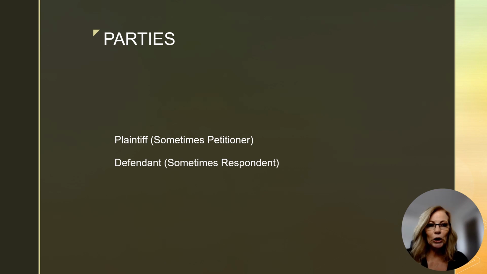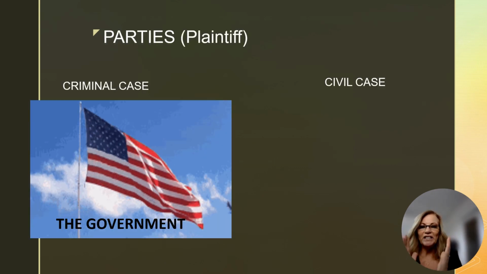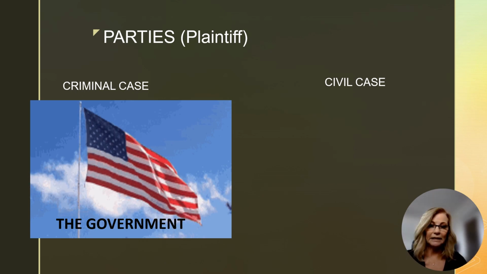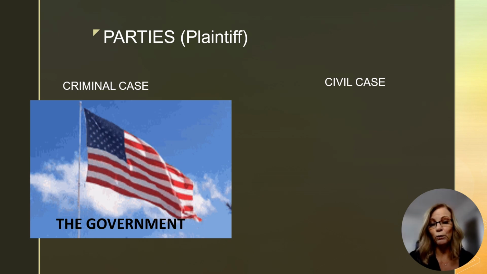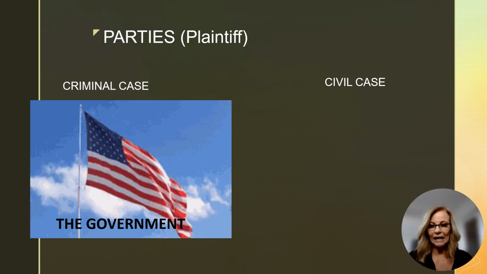So in a criminal case, it's always, always, always the government. The government is the only one that can file a criminal case against you. A civil party cannot. A person, business, entity may have input to what the government does, it could be federal or state, but they do not file charges.